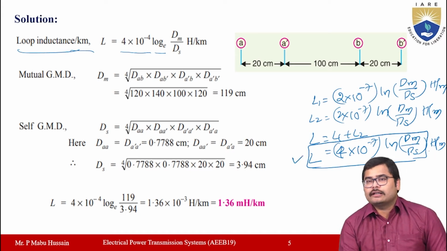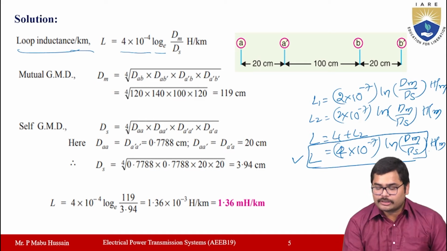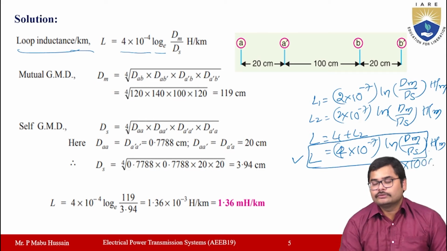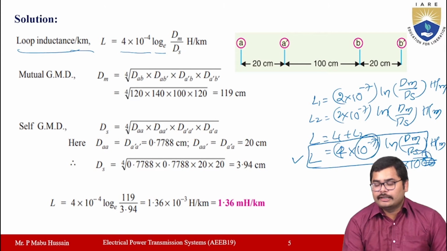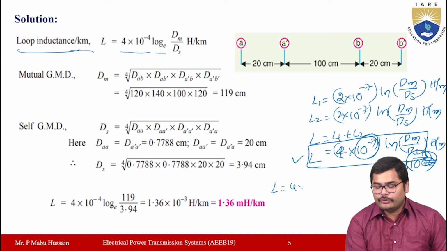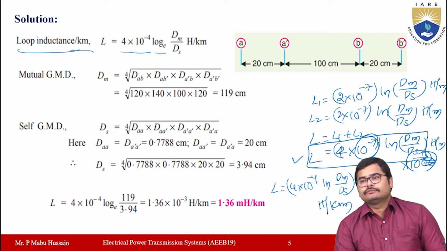Now if you want to calculate the inductance per 1 kilometer, then you have to multiply this expression with 1000. Here 1000 in the sense 10 cubed, right? Here you are having the 10 power minus 7, here you have the 10 cubed. So you can write the final equation will be equal to 4 into 10 to the power of minus 4 ln dm by ds, which is now henries per kilometer.